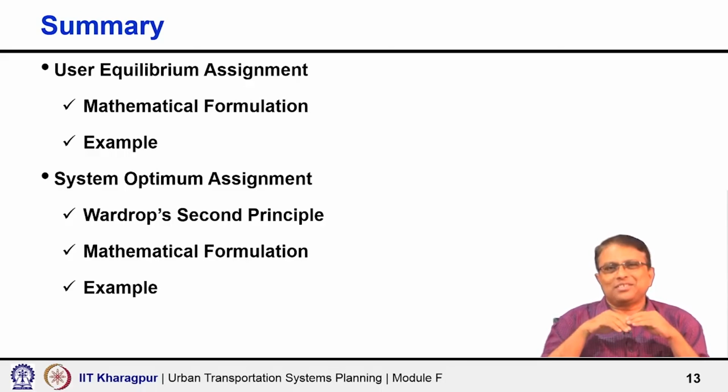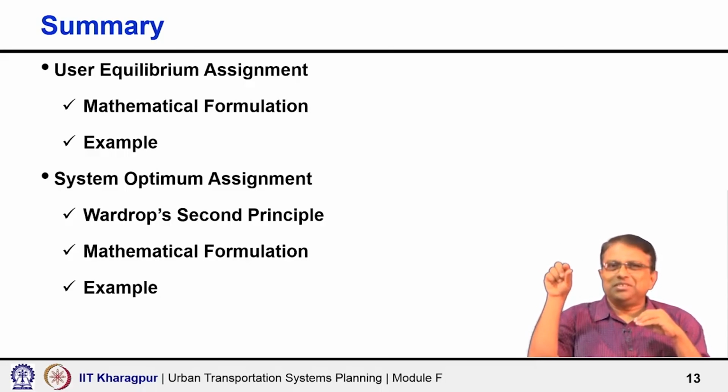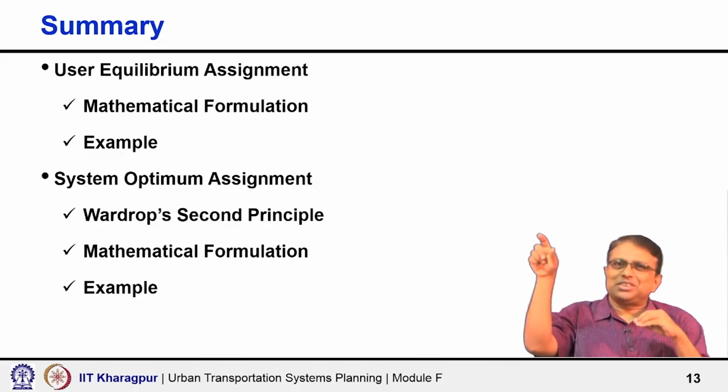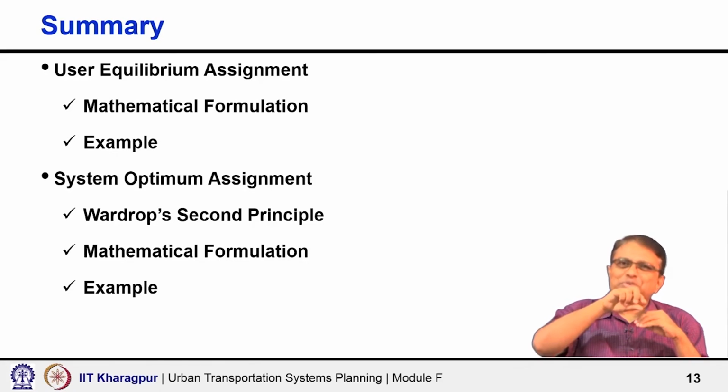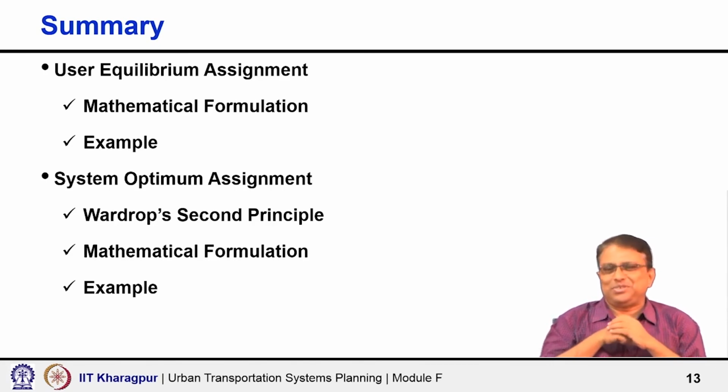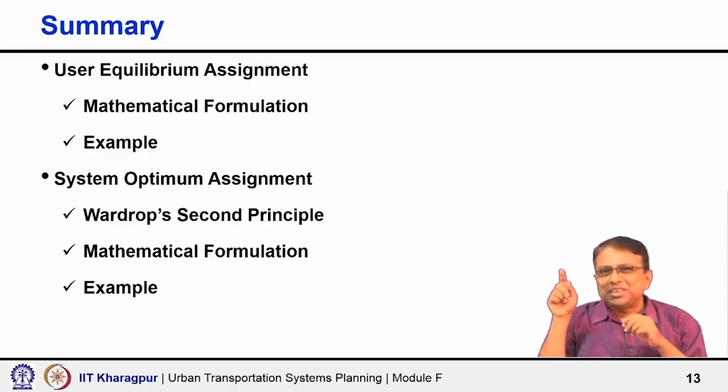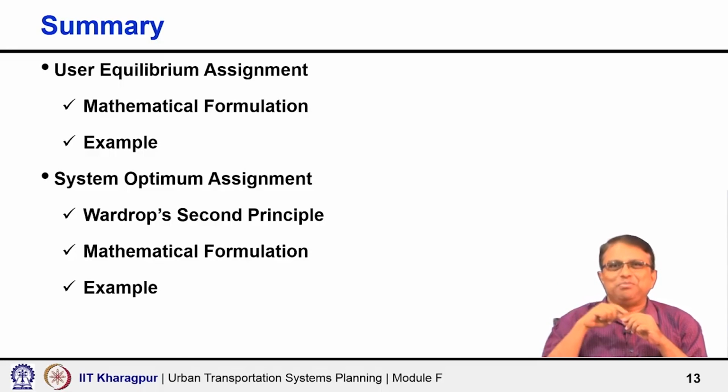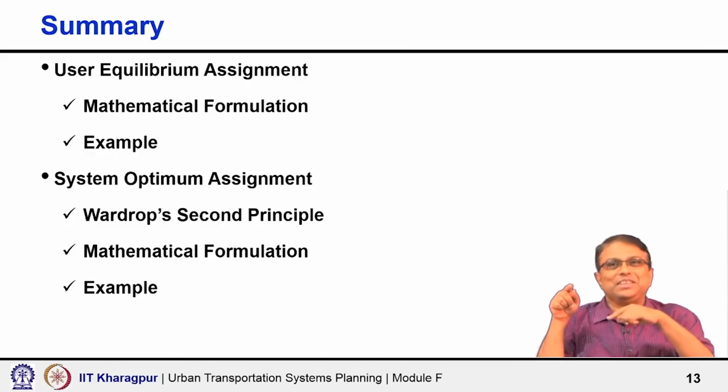As long as by shifting some people from a congested situation, I keep shifting to uncongested routes, then my savings in the travel time will be higher than the increase.